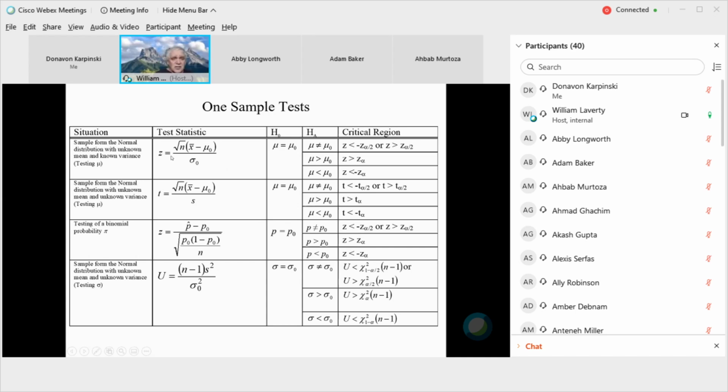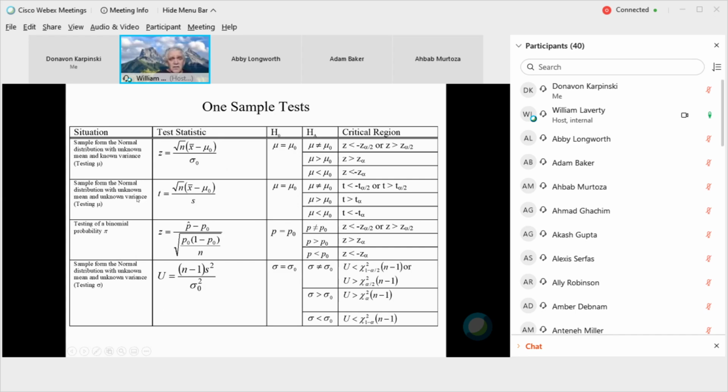The standard deviation is either known or you have a large enough sample that you can replace it accurately with the sample standard deviation. There is the null hypothesis that's being tested, and there could be all of these alternative hypotheses. In the first case, when it's two-sided, you use a two-tail test. One-sided, you use a one-tail test.